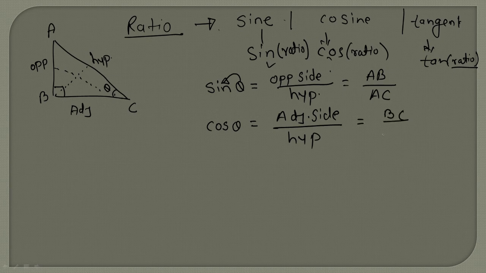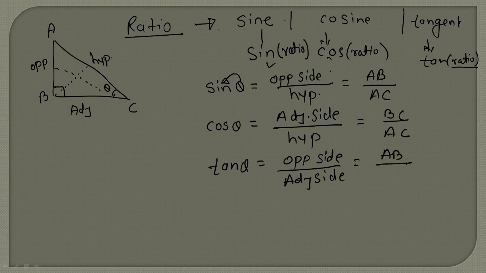It is BC upon AC. Again, the ratio for tan theta is always opposite side upon adjacent side. Always we have to see the opposite side and adjacent side with regard to this angle theta. For this angle theta, the opposite side is AB and the adjacent side is BC, right?